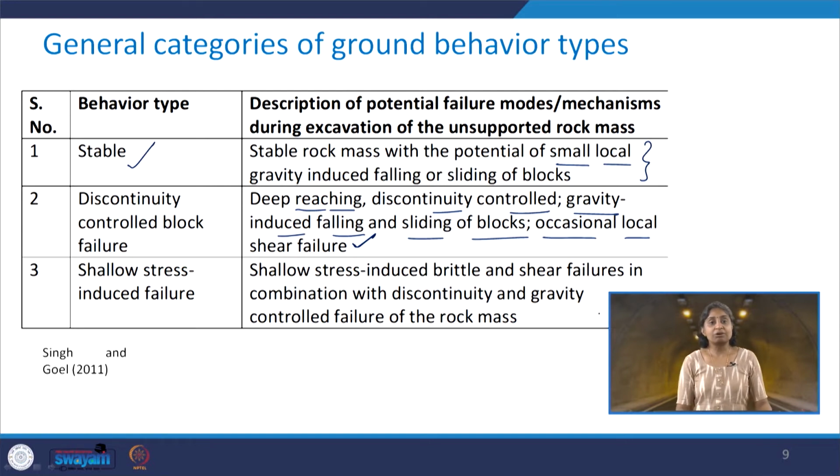Now, in case of shallow stress induced failure, it can be brittle and shear failures in combination with the discontinuity and also the gravity controlled failure of the rock mass. So, these are the first three behavior types.